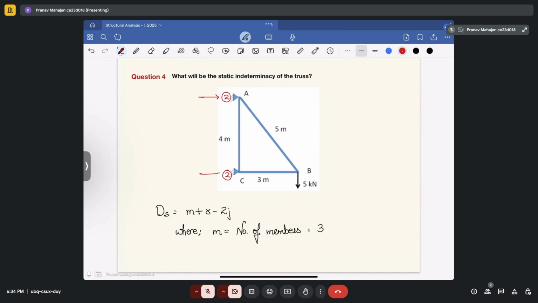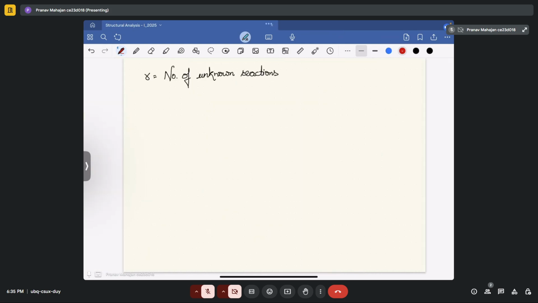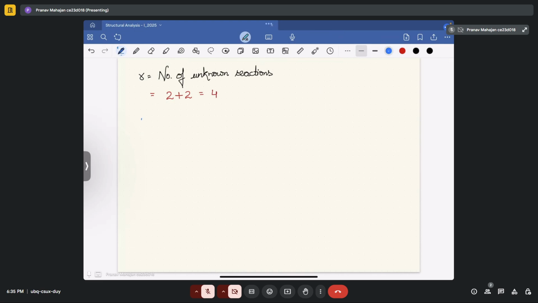Here also one is vertical. And one is horizontal. Fine. So in this case, your R will become 2 plus 2 equal to 4. Now if I talk about J, so J is number of joints in truss. So in this case, number of joints will be 3.